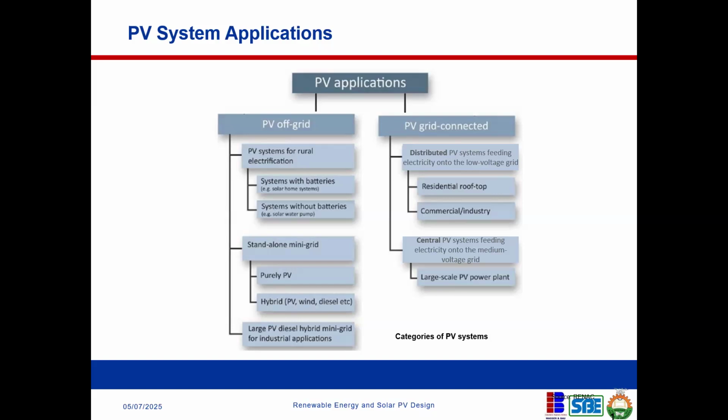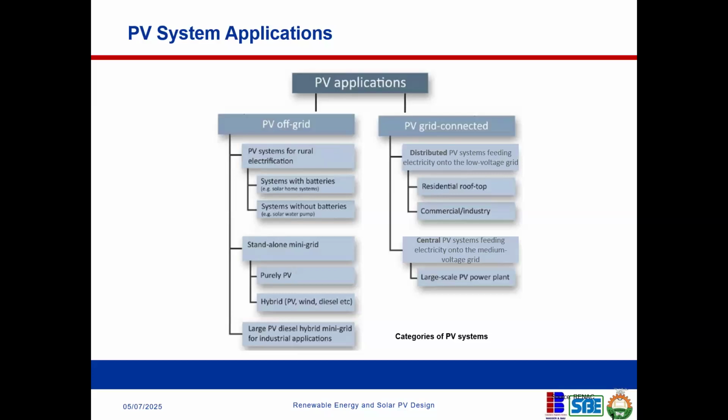If it's a hybrid, then you have other sources of energy production. It can be a generator, it can be a combination of generator and PV, it can be a combination of generator and wind. But the wind system is not very common in Nigeria, because the wind speed that we have in Nigeria might not be very viable for wind energy.